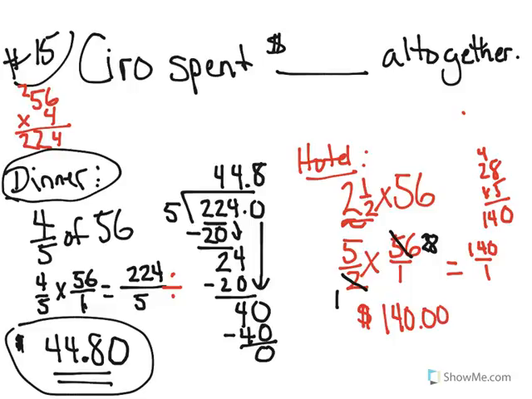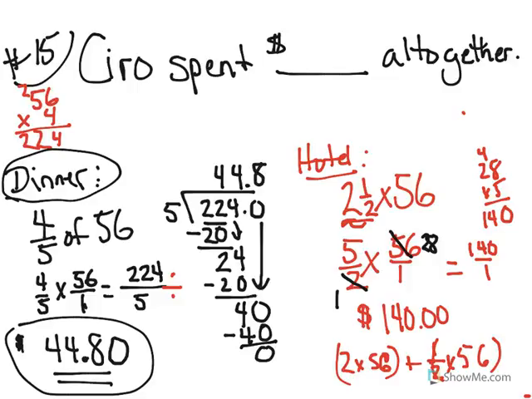Now, I could have decomposed the 2.5 and said 2 times 56 plus 1/2 times 56. That would be another way that I could get my answer. Both ways I would end up with 140.